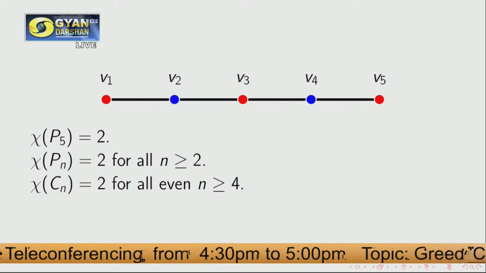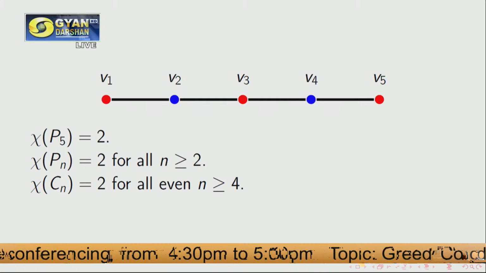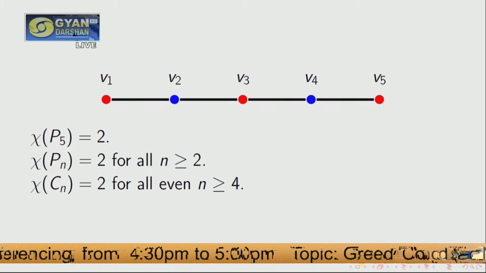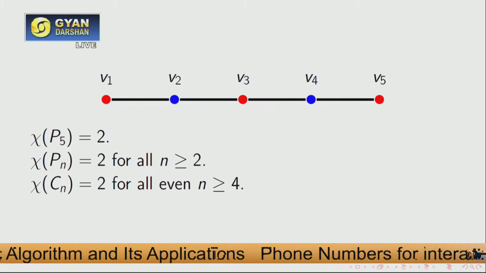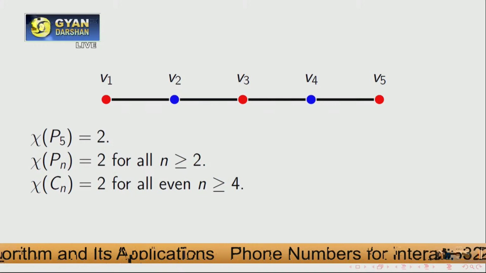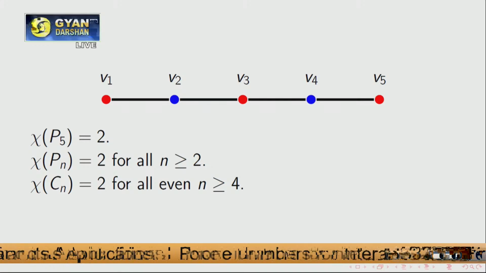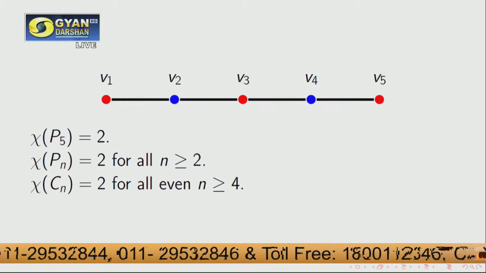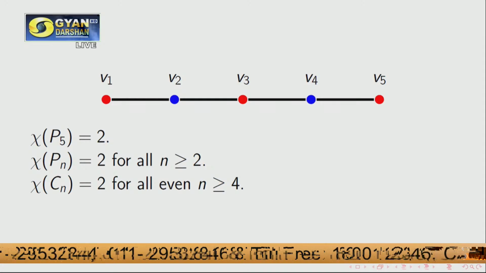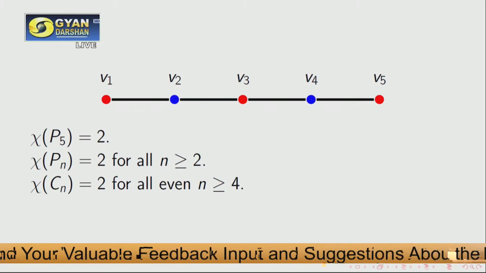How? You can just divide the vertices of the cycle into 2 groups: the vertices numbered with an odd index, and the vertices with an even index. The odd index vertices are all pairwise non-adjacent, and therefore they can be assigned the same color, let's say color number 1, and the even numbered vertices can also be assigned the same color, say color number 2.